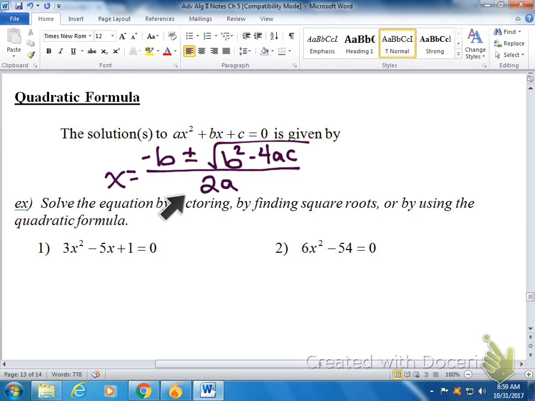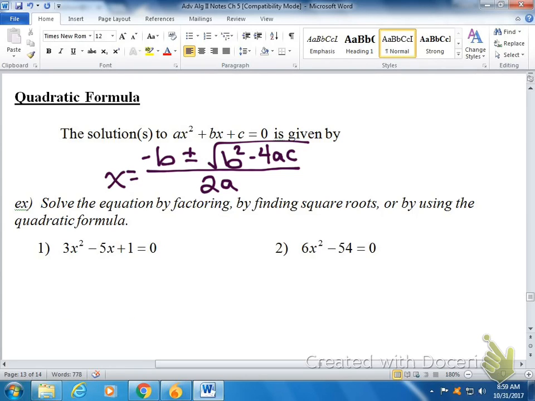I just want to stress that because that was one of the biggest mistakes in my previous years of teaching, is that people think only that square root is being divided by 2a, but it's everything. Anyway, these coefficients and the constant, those positions, they are plugged in. So whatever's in the middle position, we're going to take the opposite sign of that.